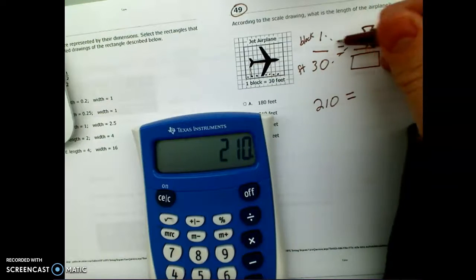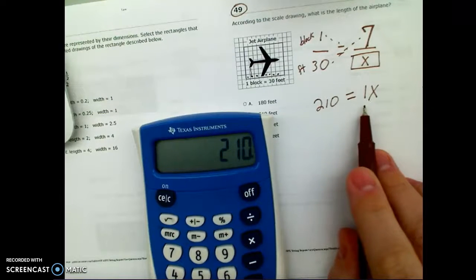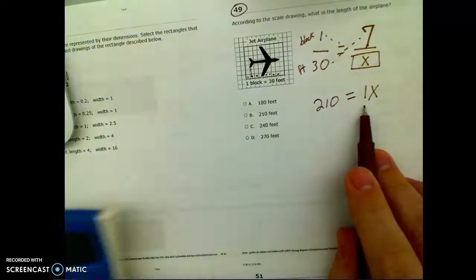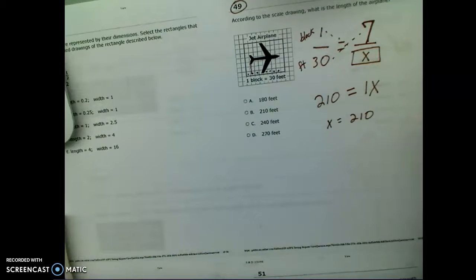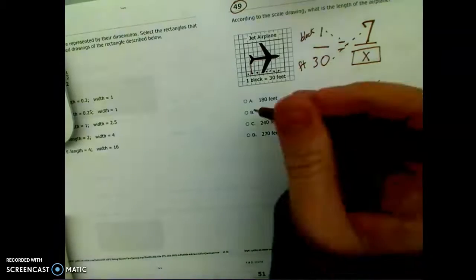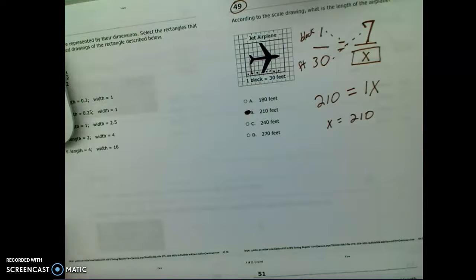Then I'm going to do this way. 1 times x is 1x. But remember, that 1, do we really need it there, or could it hide and just say x is equal to 210? Right, these are the same thing. So my actual length is 210 feet. That one right there.